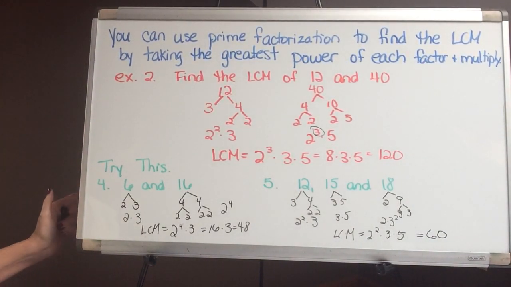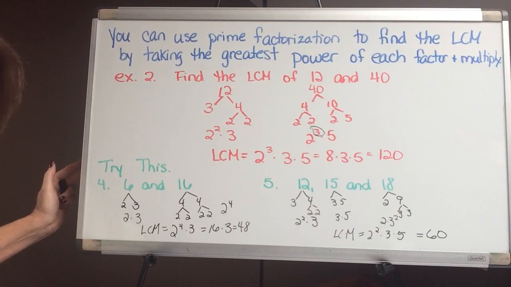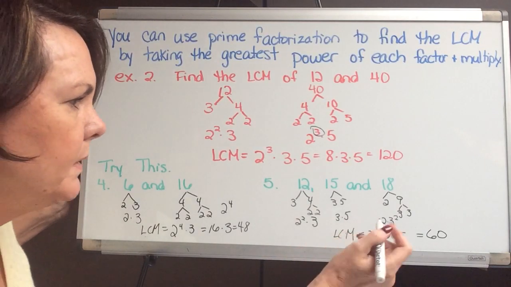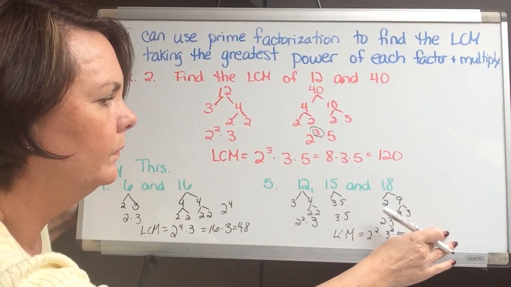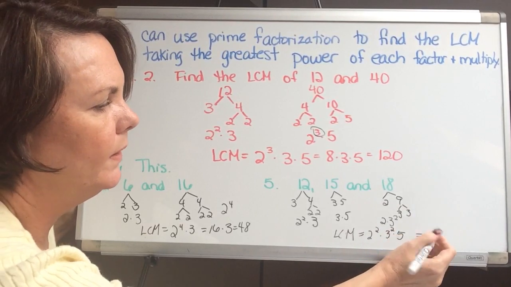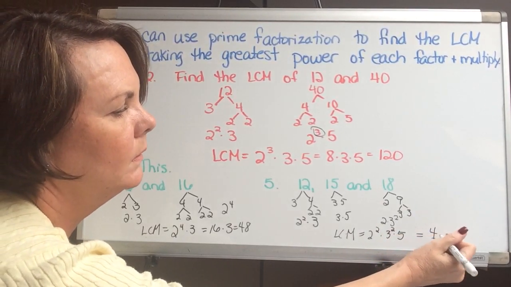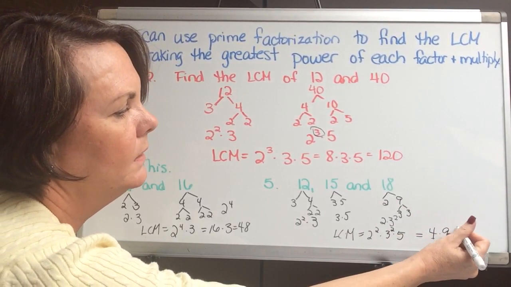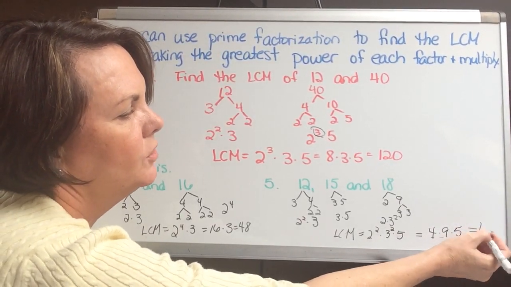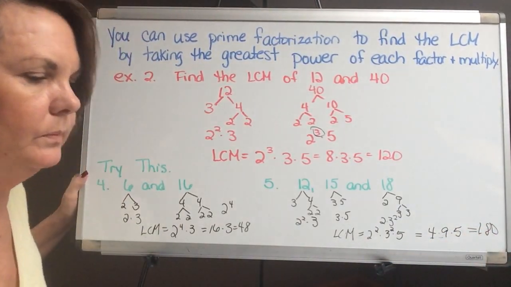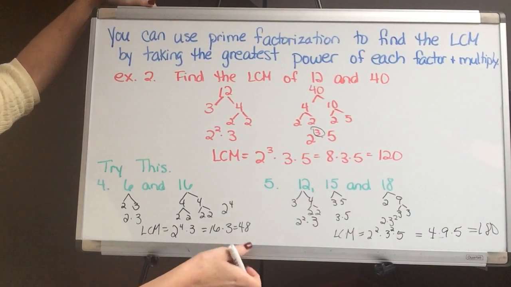Okay. Let me see. Oh, I made a mistake there. I have to take 3 to the second power. So 2 squared is 4 times 9 times 5. And 4 times 5 is 20, times 9 is 180. Okay.